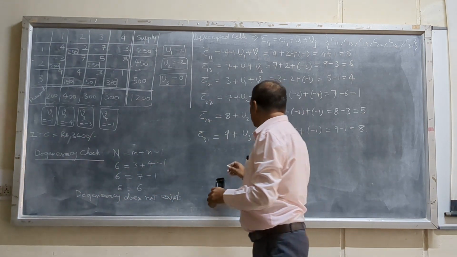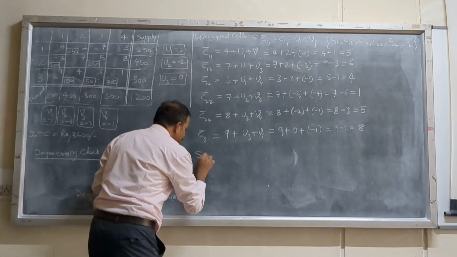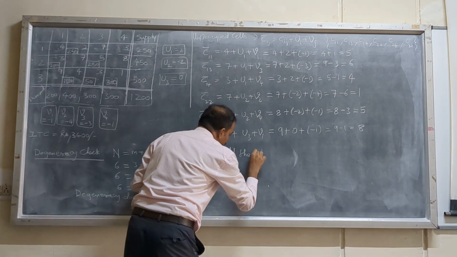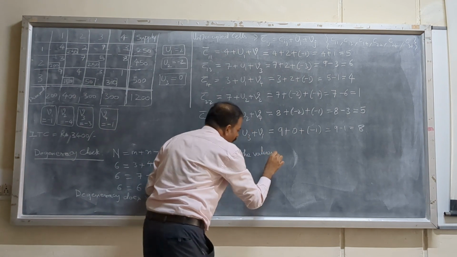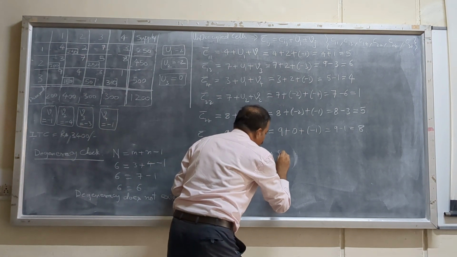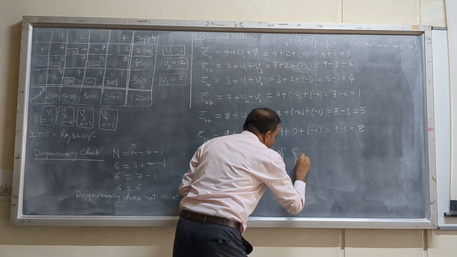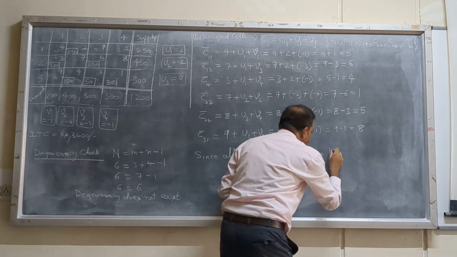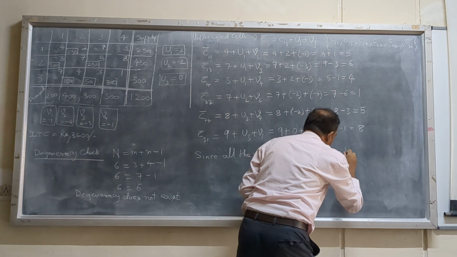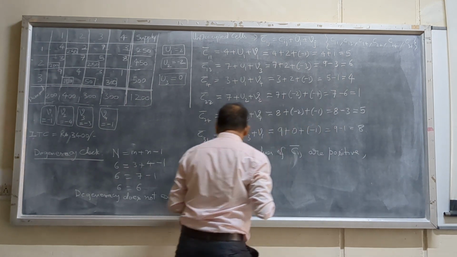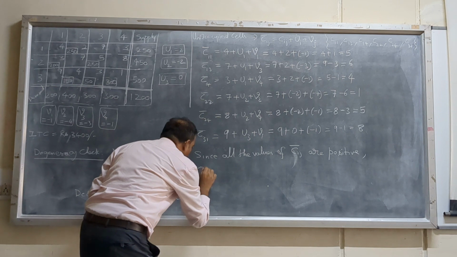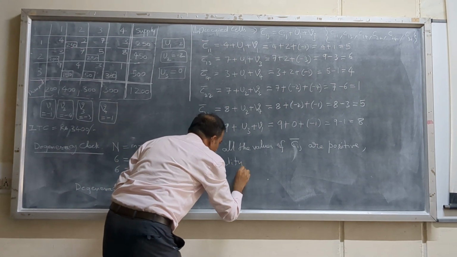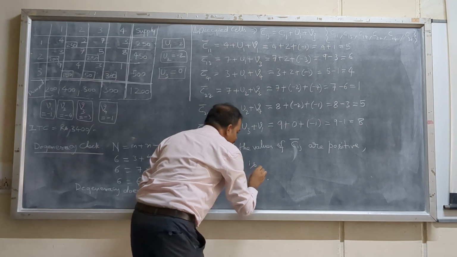Okay, so I will write a note here. Since all the values of Cij bar are positive, optimality is reached.